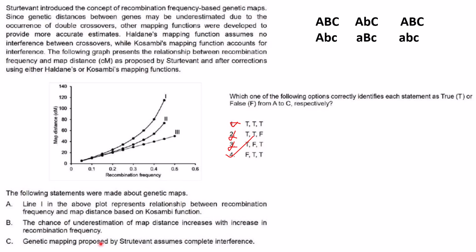So B is correct. Then, genetic mapping proposed by Haldane assumes complete interference. Yes, that is, if crossing over is taking place at one region, then a nearby occurrence of a crossover is not possible. It will be interfered. That is complete interference. So that is also correct. So that makes option 4 the right answer.